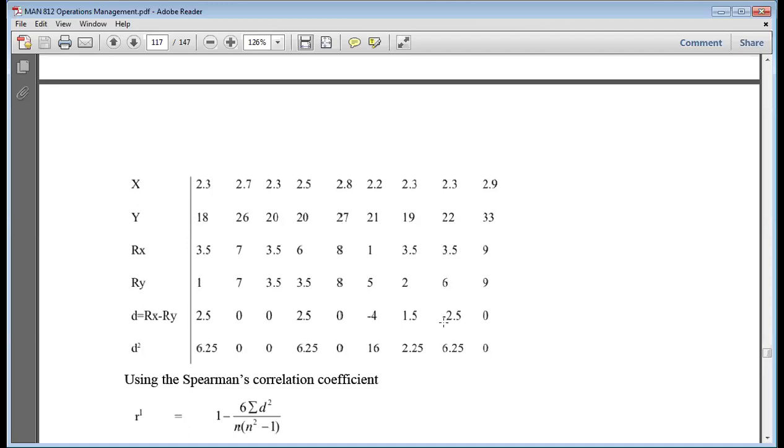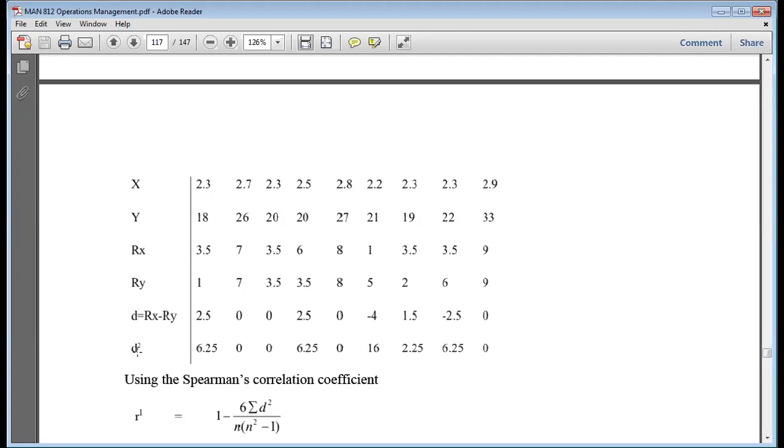That is why it's minus 2.5. 3.5 minus 2, which is 1.5. 1 minus 5, which is minus 4. 8 minus 8 is 0. 6 minus this is 2.5. 2.5. Then, are you getting it? Then 3.5 minus 3 is 0.